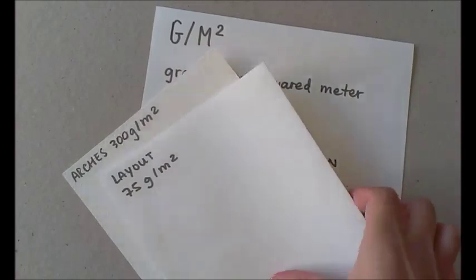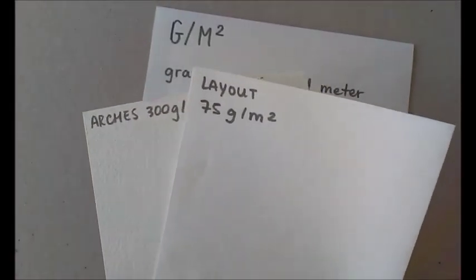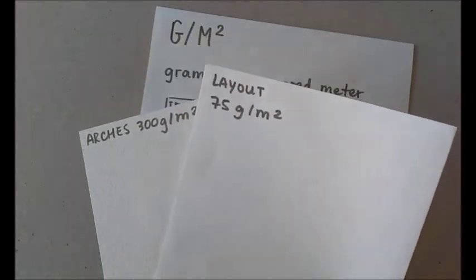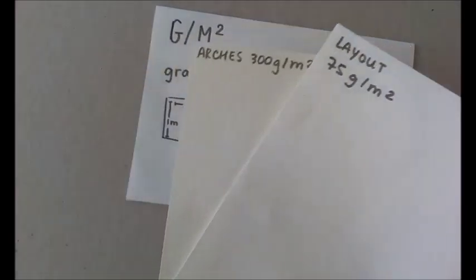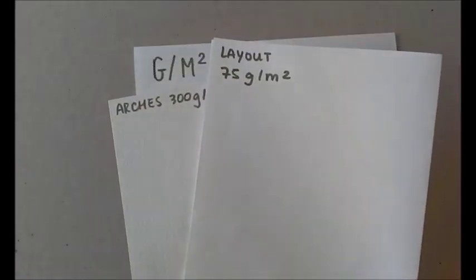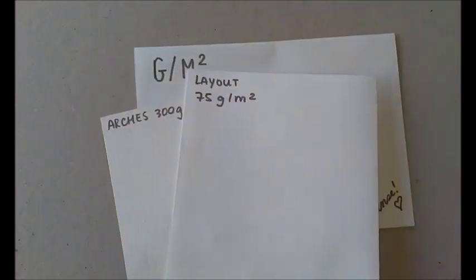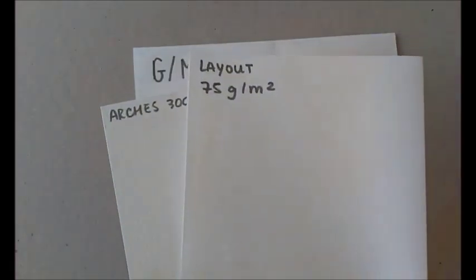So the thicker the paper, normally it handles more water, it handles wet techniques, it handles lots of layers, and there are other things that influence the resistance of the paper, but the thickness is one of them. So the first factor is the weight of the paper.